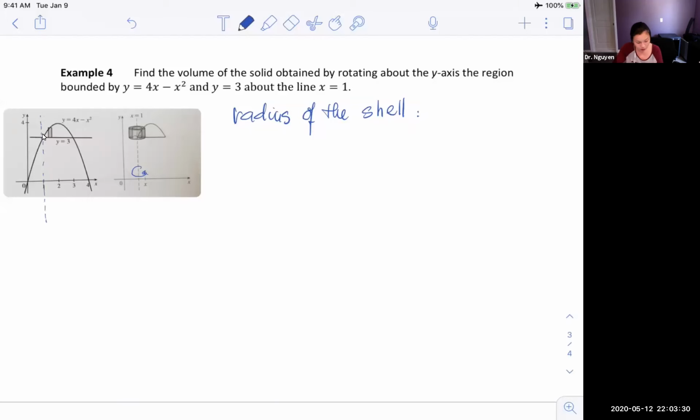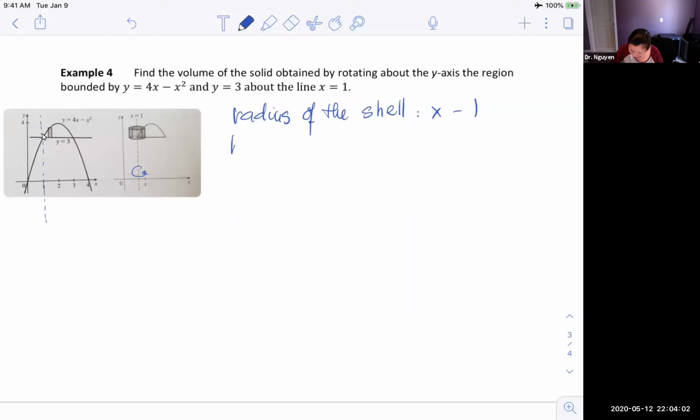You can see that x is greater than 1, so that's why I subtract 1 from x, not x from 1. Hopefully you understand when we take x minus 1 and when we take 1 minus x. Here x is greater than 1.